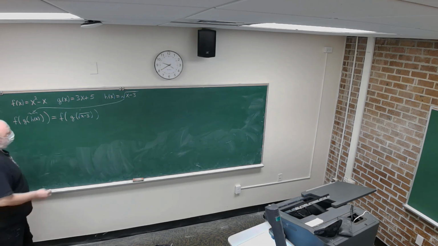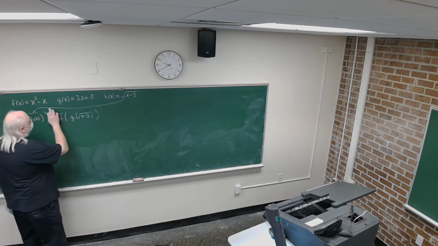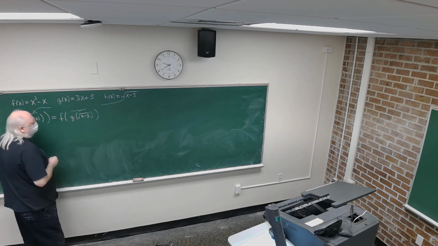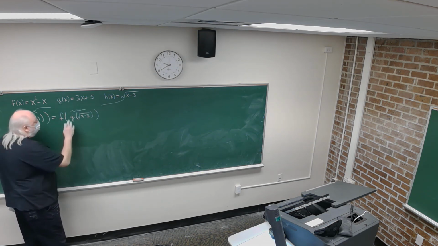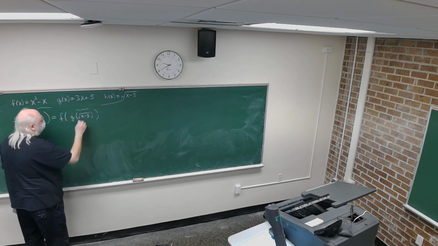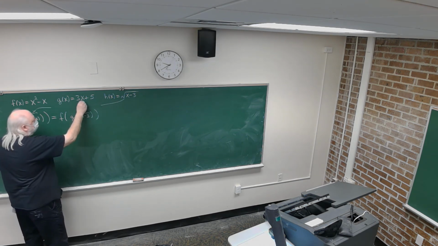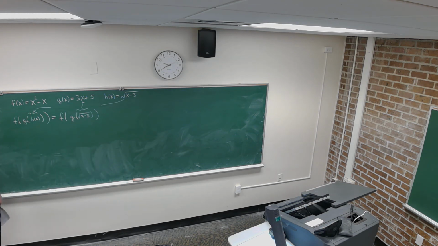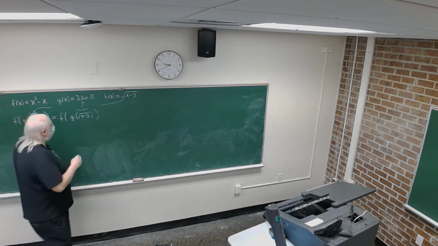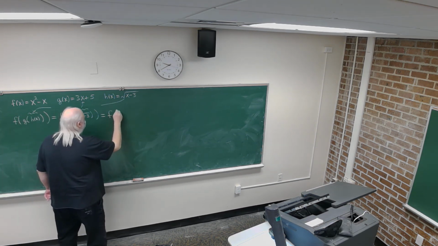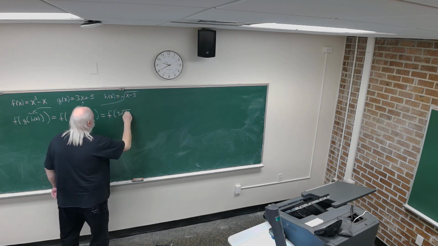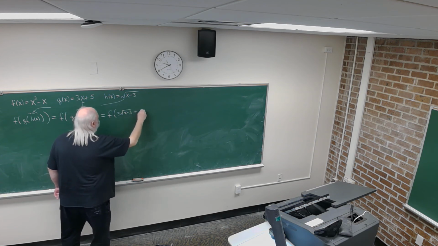So now we've got to evaluate g of the square root of x minus 3. Right? So to do that, you just replace the x on the right-hand side of g of x with that square root of x minus 3. So g of the square root of x minus 3 is equal to 3 times the square root of x minus 3 plus 5.